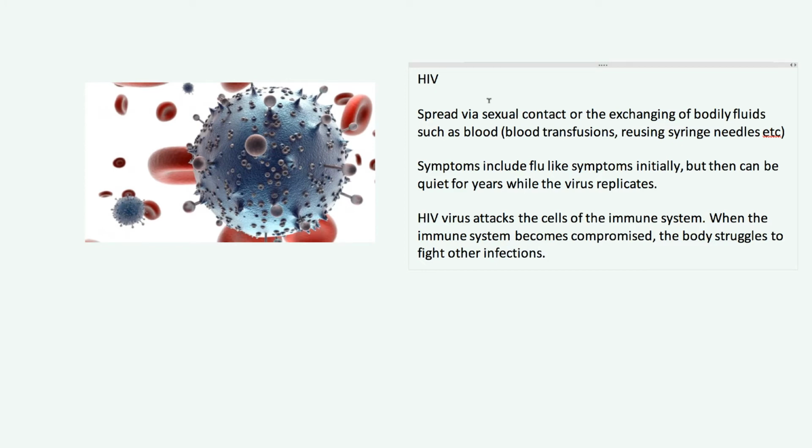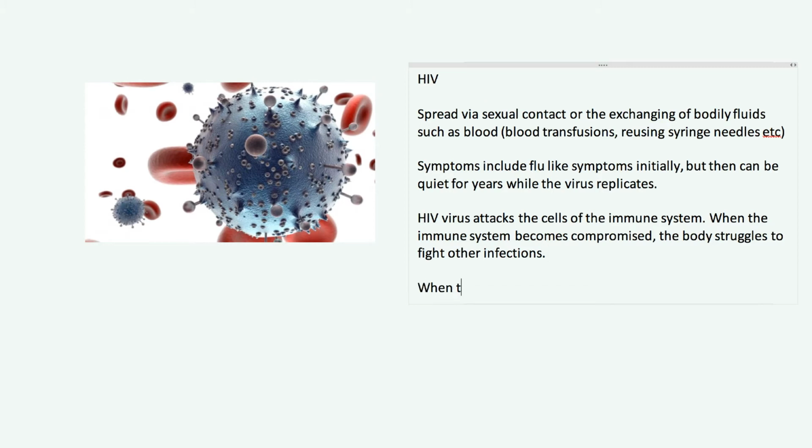Basically, if you're infected with the HIV virus, eventually your immune system can become compromised. Then your body struggles to fight other infections, and things which normally your body would be able to deal with, it can no longer deal with. So even things like the flu become very dangerous for a person who is infected with HIV.